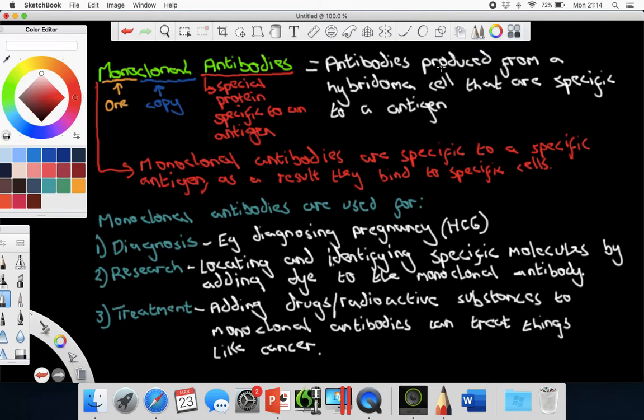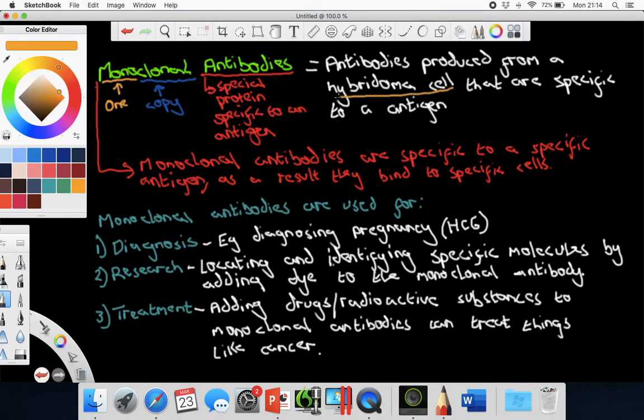Monoclonal antibodies are specific to a specific antigen, and as a result, they only bind to specific cells. Therefore, we can use monoclonal antibodies for diagnosis, such as pregnancy, research, finding where certain molecules are within a cell, and treatment by adding drugs or radioactive substances to the monoclonal antibody and allowing it to join to things like cancer cells.